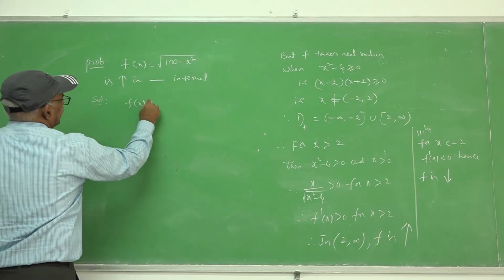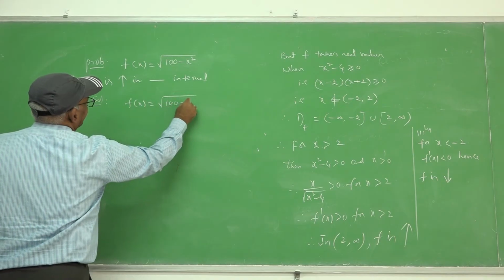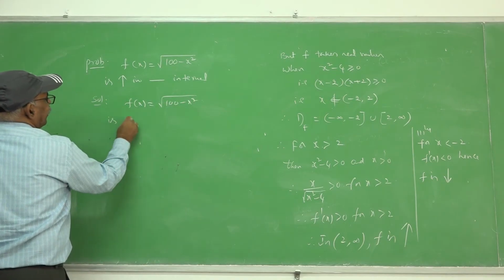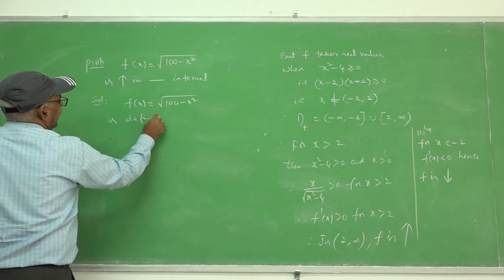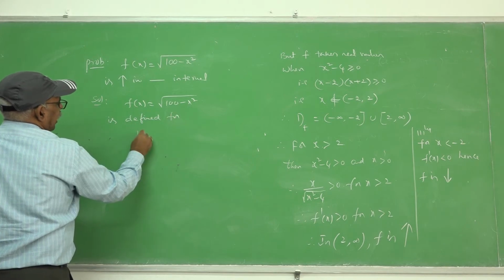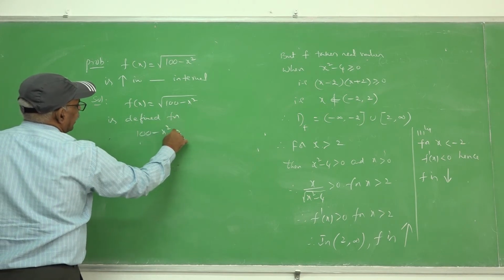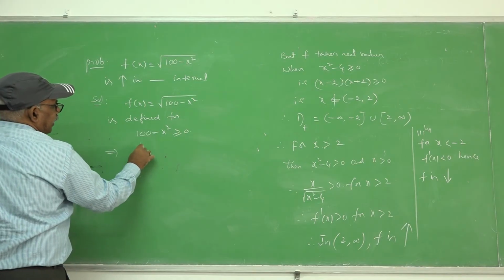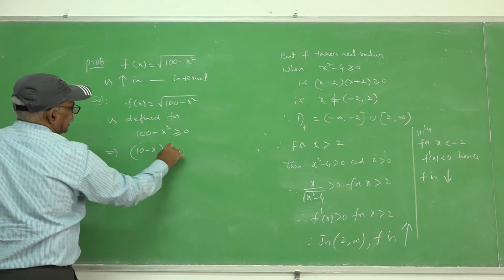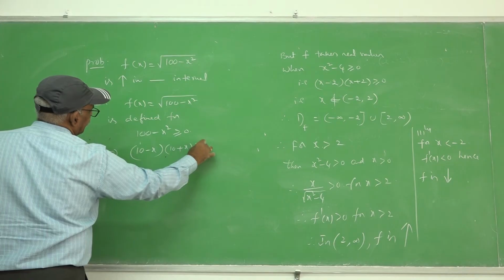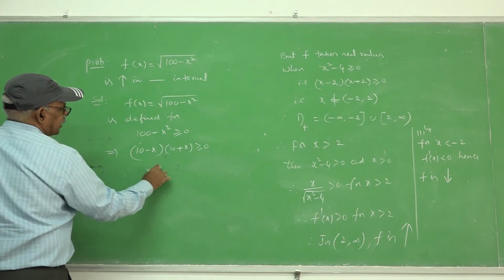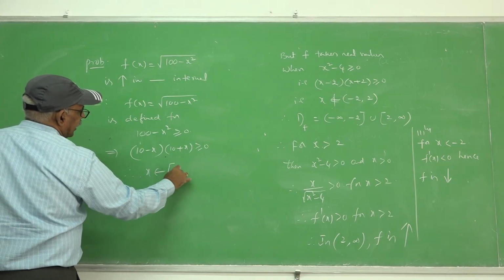Fx is here square root of 100 minus x square, defined for 100 minus x square greater than or equal to 0, which implies 10 minus x into 10 plus x is greater than or equal to 0. So x belongs to minus 10 and plus 10.